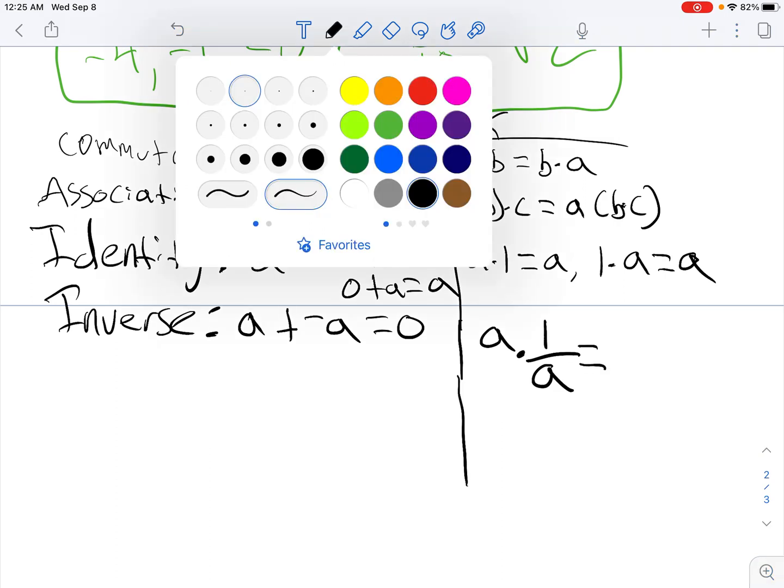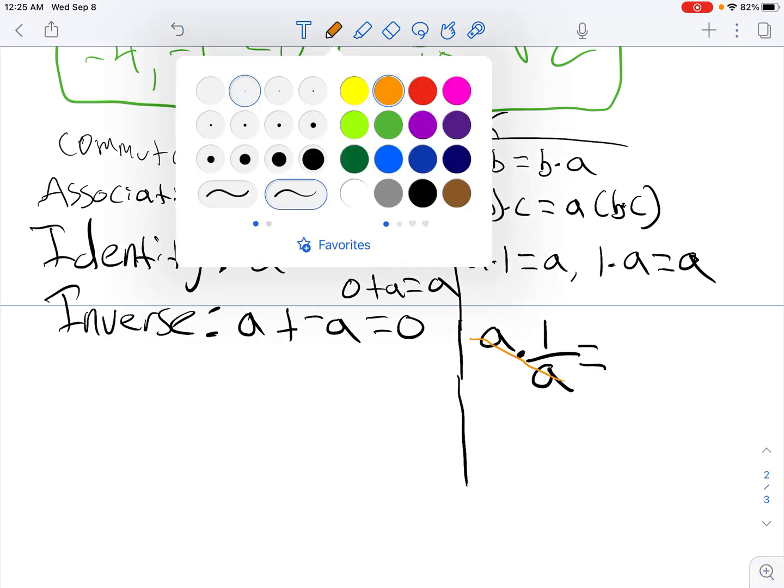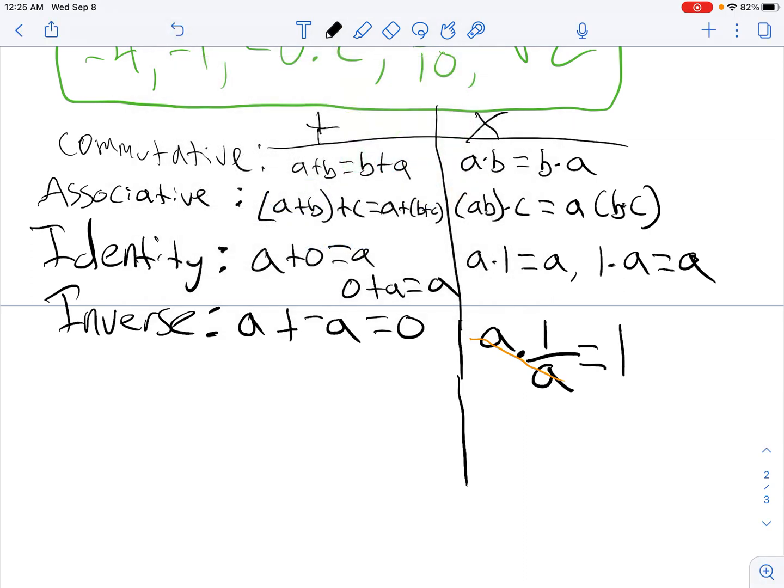I flip it upside down. These A's cancel out, and all I'm left with is 1. Of course, A cannot equal 0 because if we have a denominator of 0, it turns out to be undefined.